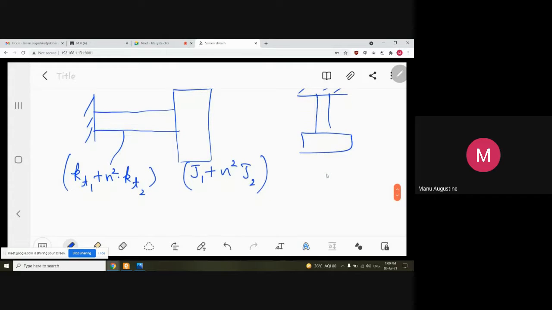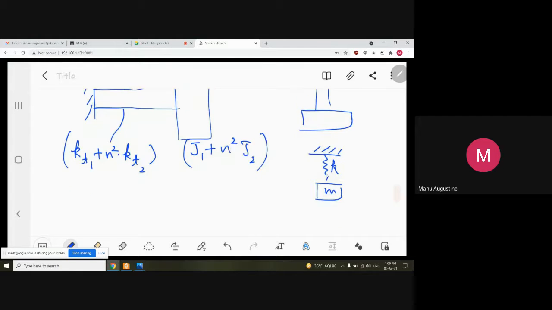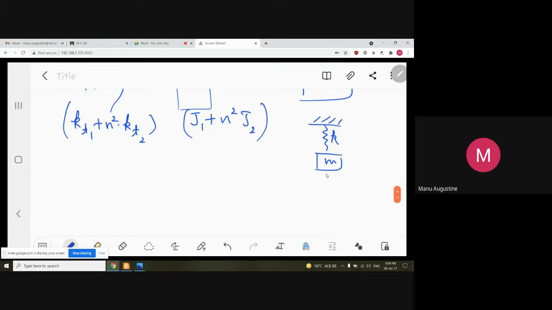So this rotary system once again can be simplified, for your better visualization, as a linear system comprising simply a linear spring constant K and mass M. What would you say is the natural frequency of a simple spring mass system like this?